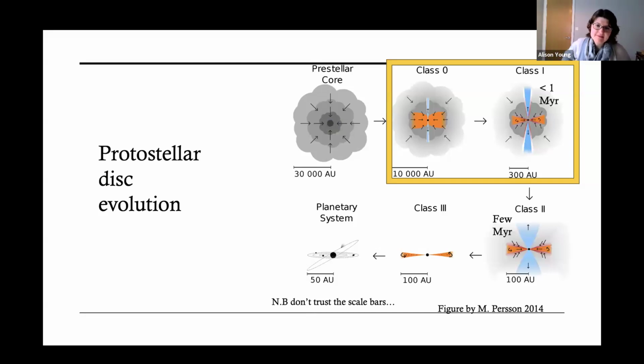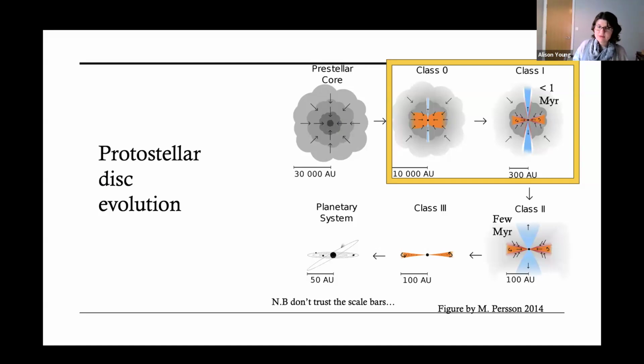So we're going back in time now, to closer to the beginning where the star forms. So in star formation, we get a pre-stellar core that collapses under its own gravity. We get the stellar core formed in the center, and the inner envelope accretes and forms this rotating disk around the central star.